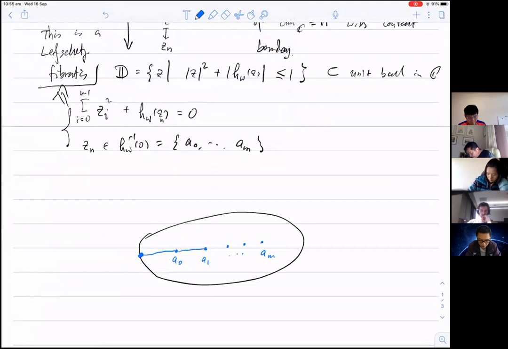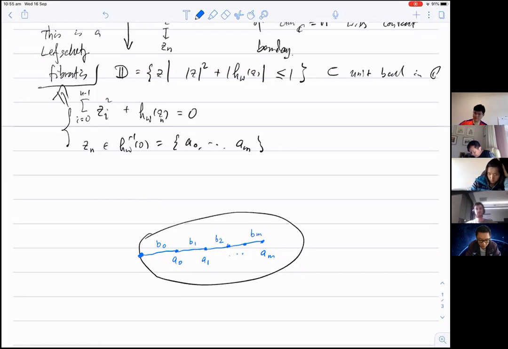I draw it as a straight line, but it's only an interval. So let's denote this P0, then P1, and then this is Pn. Okay, so these are the critical points.